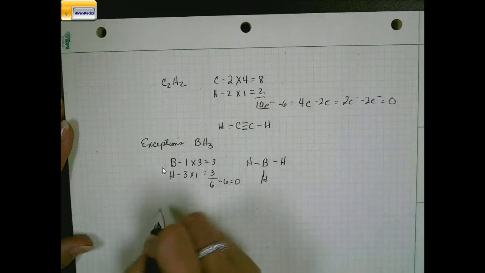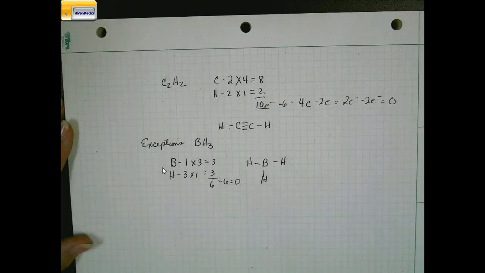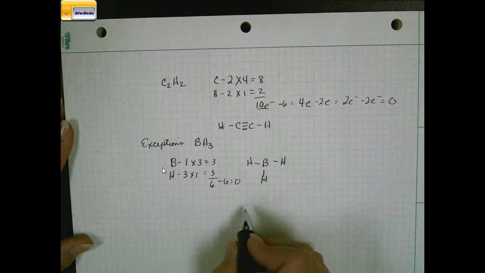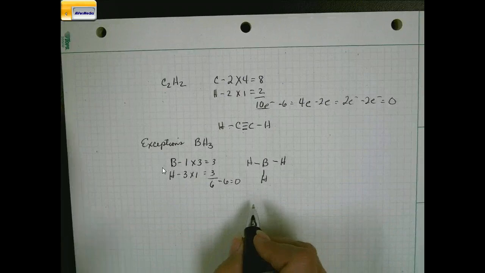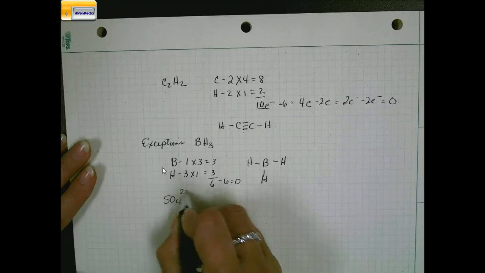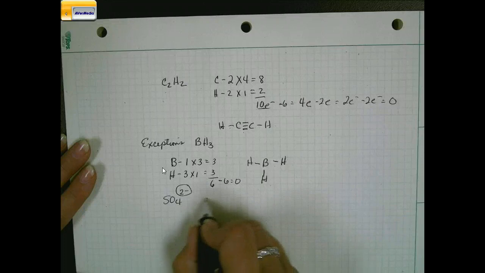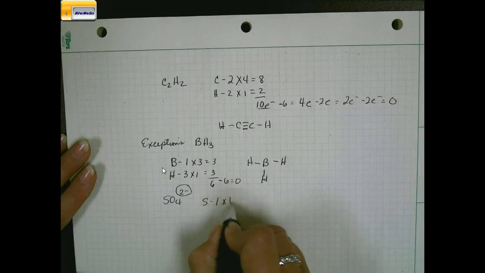Let's look at something like, trying to think of an easy phosphorus compound. One is not coming to mind. How about sulfate? And this also brings up the charge issue. So sulfate is SO4 2-. So sulfur, I have 1 of those with 6 valence electrons.